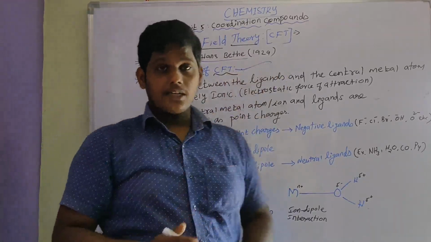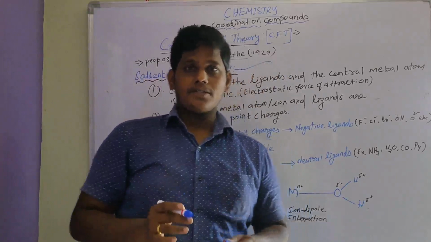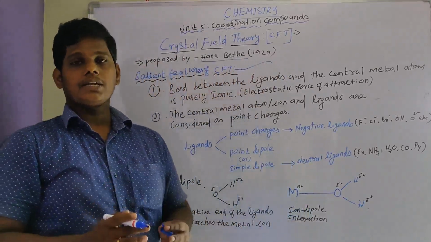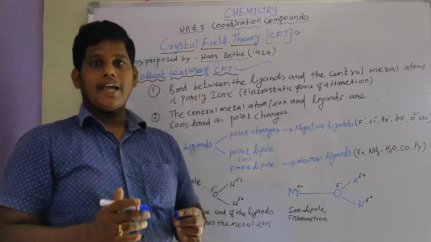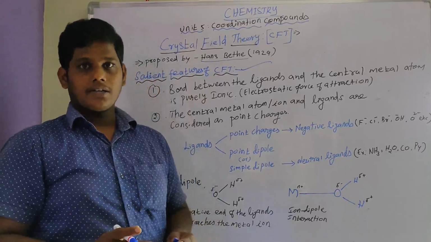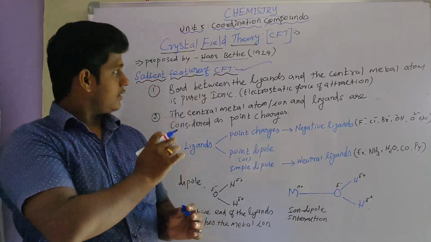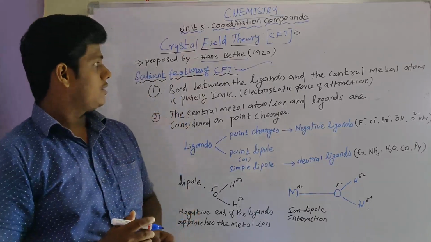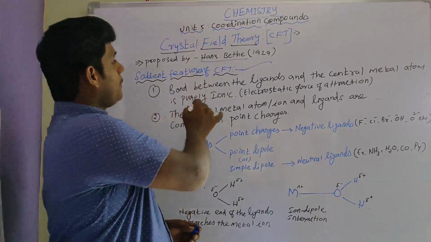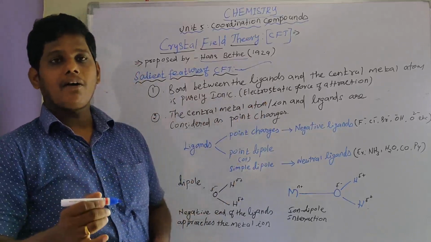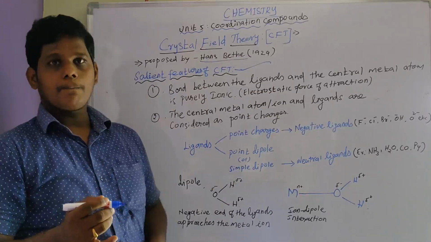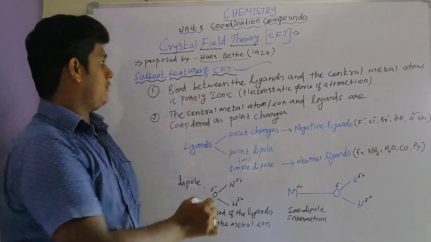Crystal field theory means the electrostatic attraction between the central metal ion and the ligand. That means the bond formed between the central metal ion and ligand is a purely ionic bond.